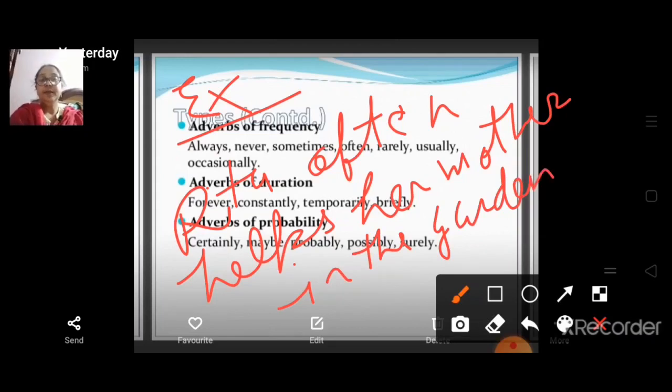Now here, Rita often helps. It is giving the answer how many times the work has been done. So how often? Here often is showing the adverb of frequency.